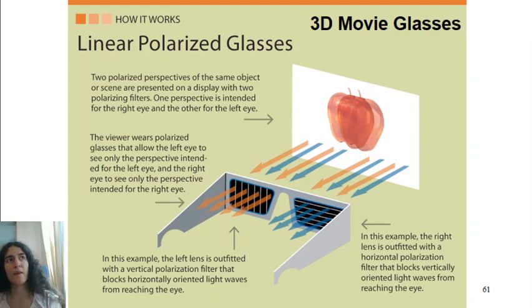This mimics the situation of seeing a three-dimensional object in real life, where your left eye and your right eye see slightly different pictures. And so this is how we can mimic 3D on a 2D screen.